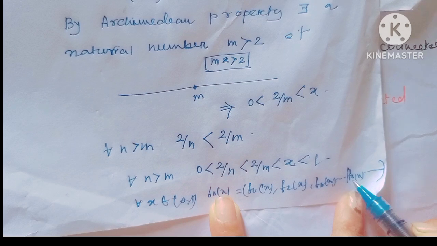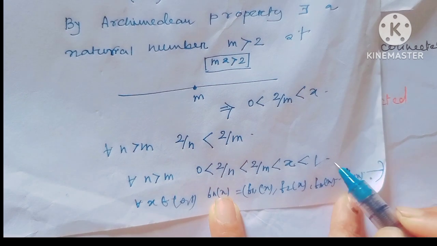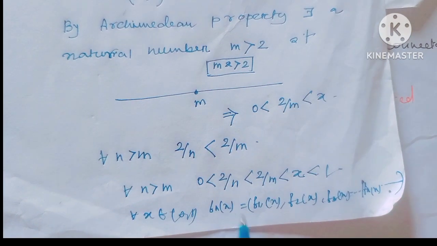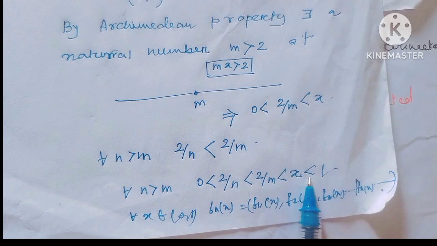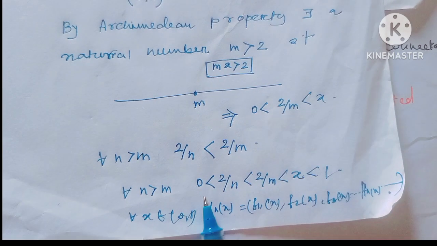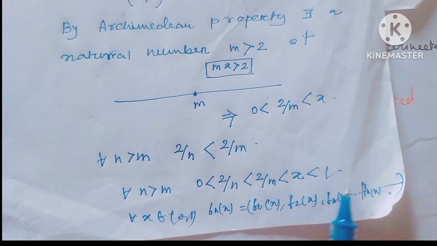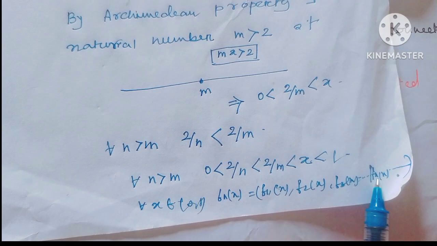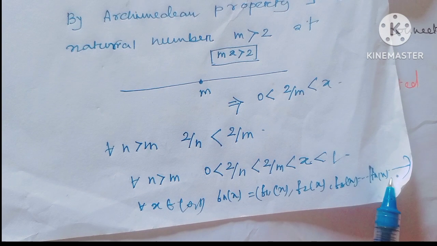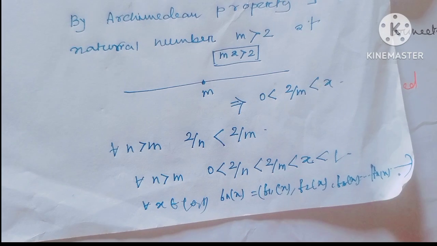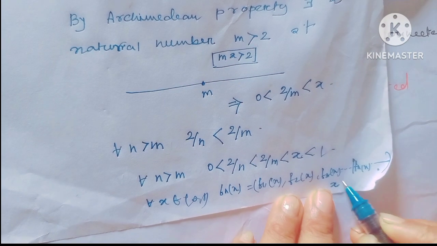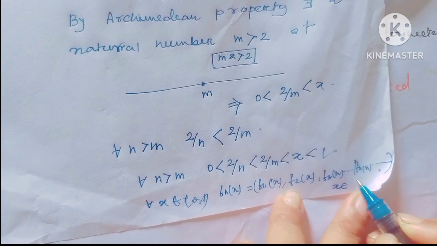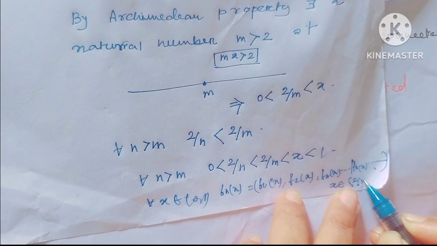And since x is greater than 0 and less than 1, after some fn(x), x belongs to the interval 2 over n to 1.